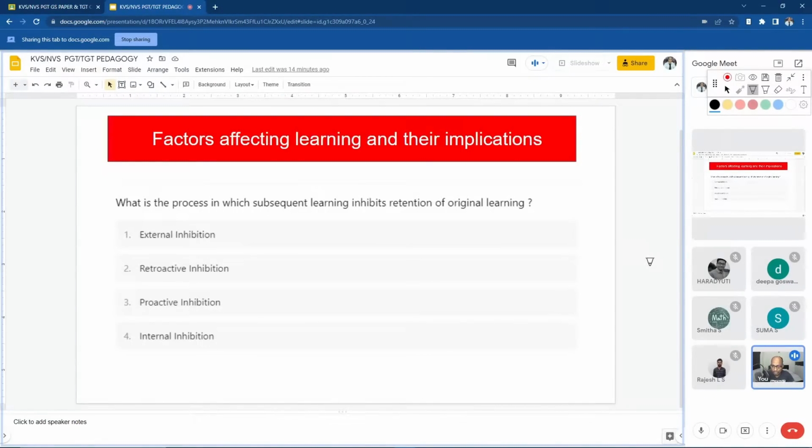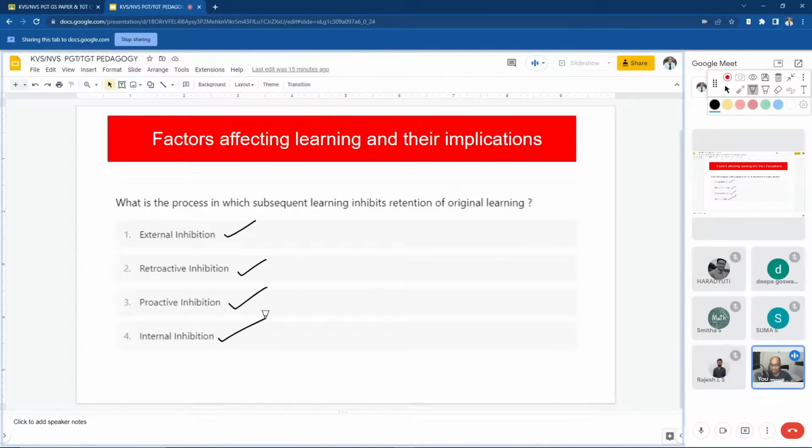You have learned something and then you have relearned in a subsequent manner, and that affects the retention of original learning. So what is this?